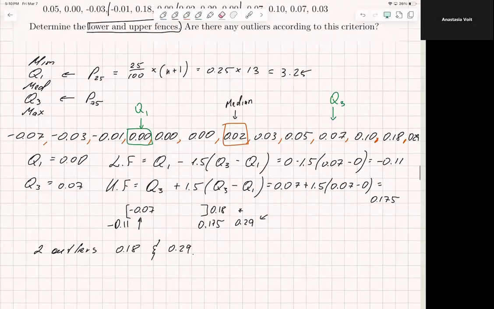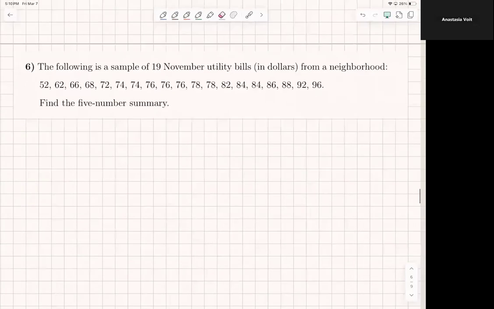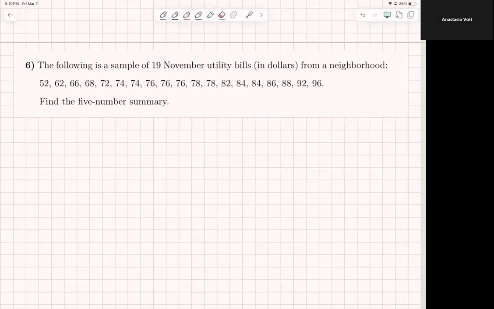All right, next question is number 6. The following is the sample of 19 November utility bills from the neighborhood. So we have all the data, and I see that it's all sorted already. The question is, we want to find the 5-number summary.